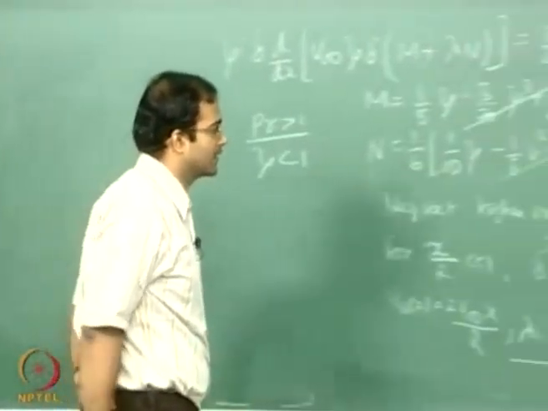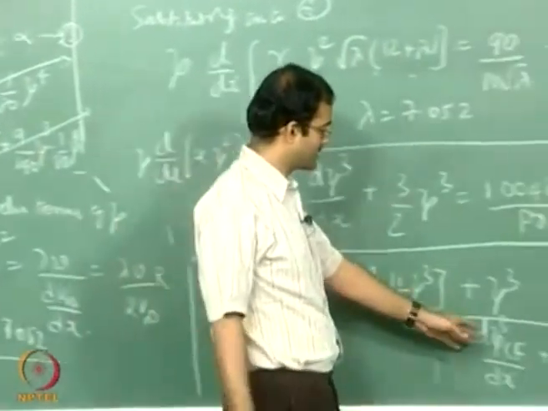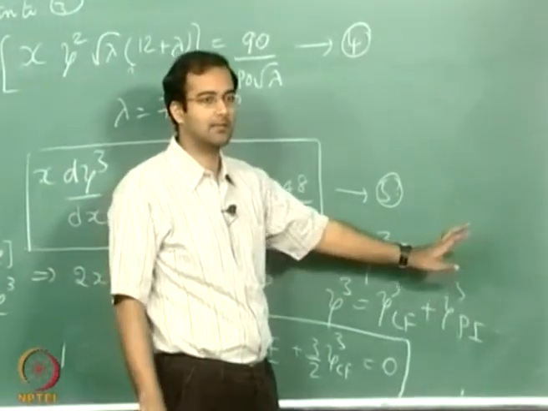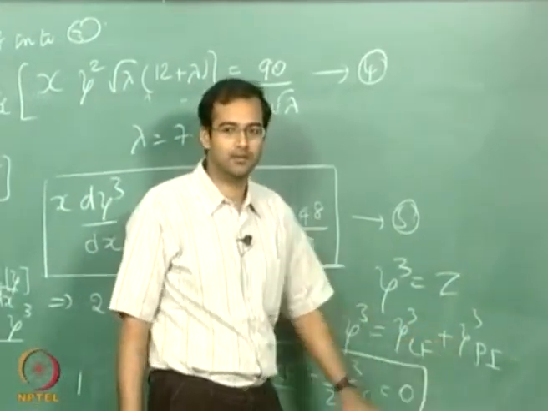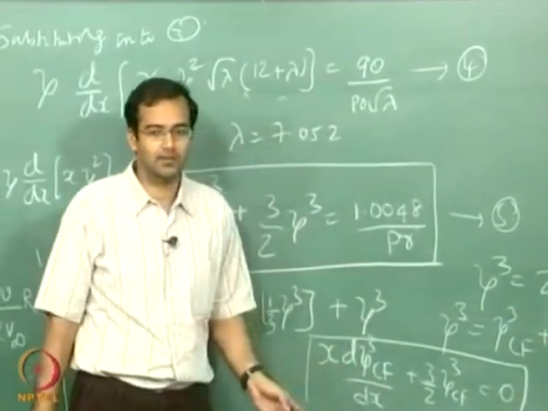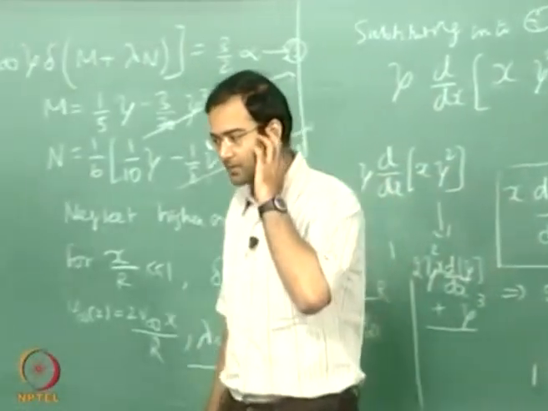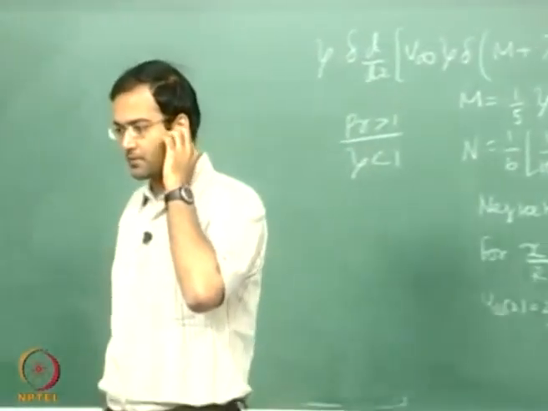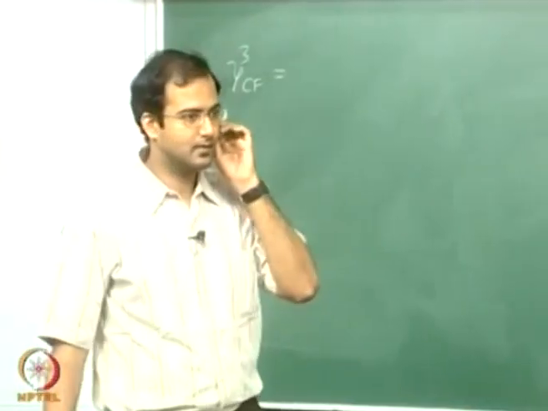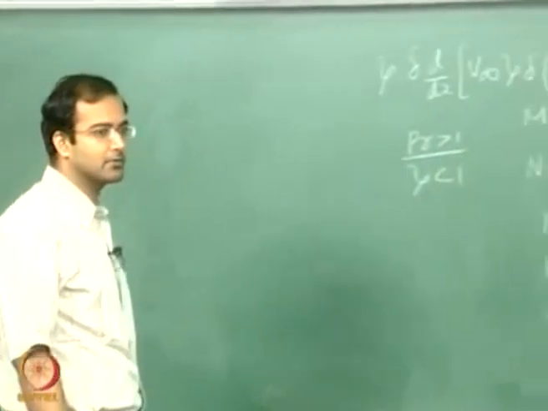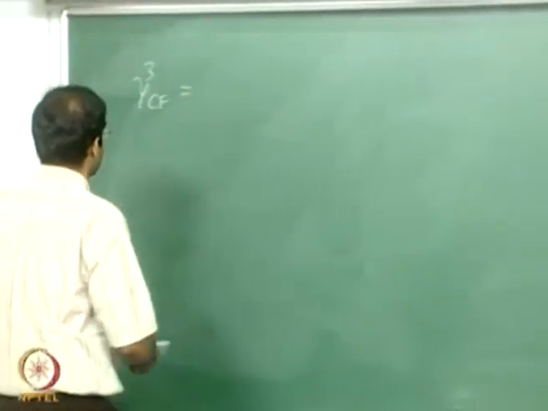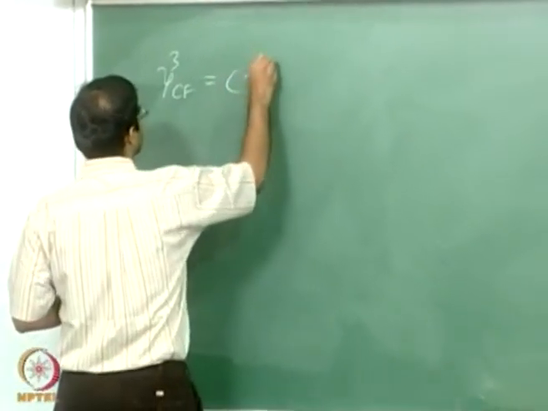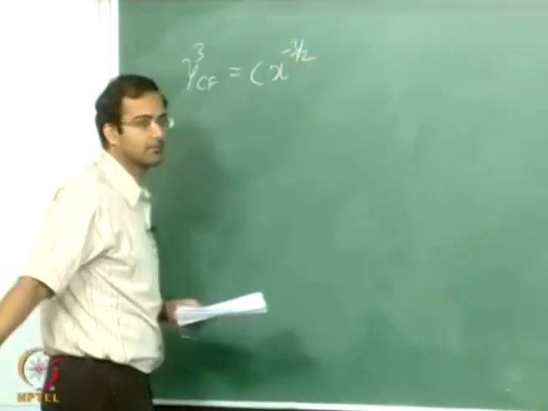If you are confused looking at this zeta cube, you can take this as some z. Then it becomes the standard form of ODE, which you can separate by variables. The solution is some constant into x power minus 3 by 2, right.